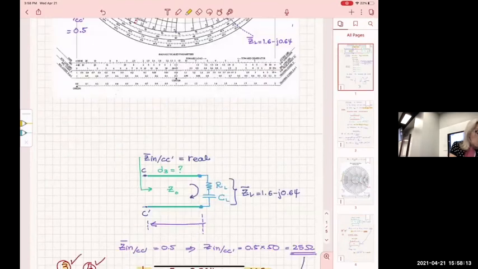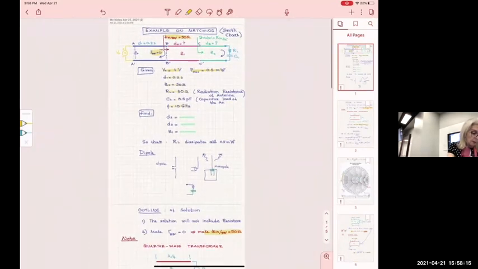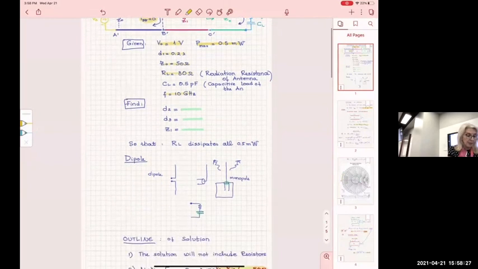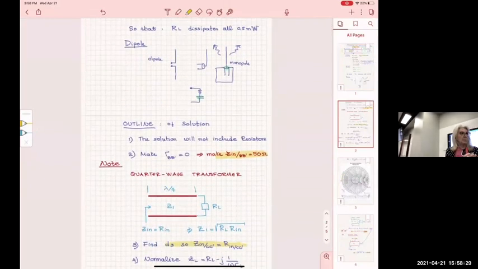So what I want you to remember, always be very systematic in the solution. You always start from writing what is given and what you have to find, and then after that, you write the outline. Without your outline, there is no way you're going to solve the problem. And with the outline, you start with what you have to accomplish at the end.